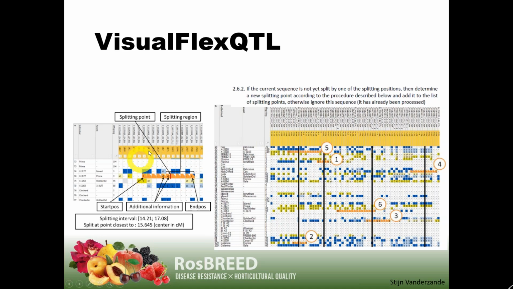And so how does Visual FlexQTL know where to split our markers or our block? Well, it looks at the last marker with a 0, and says this is the starting position of my recombination. And it looks at the first marker with a 1, or the last position of the recombination.